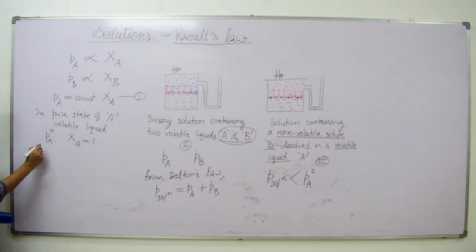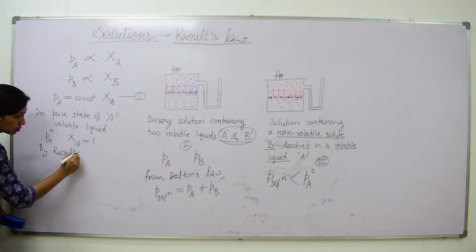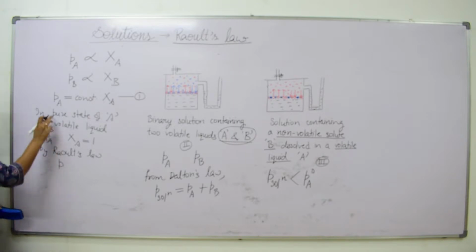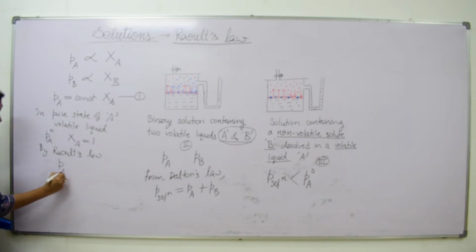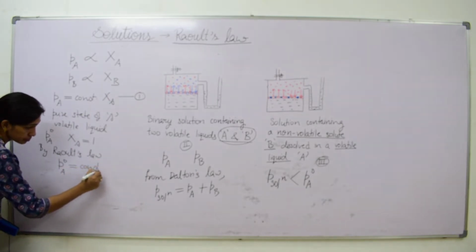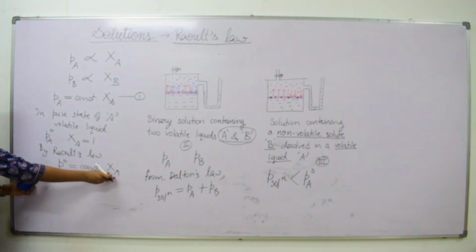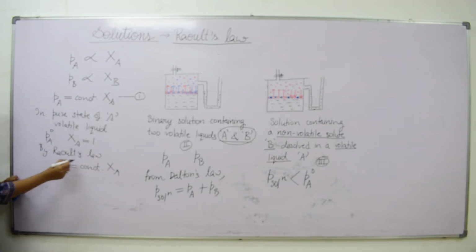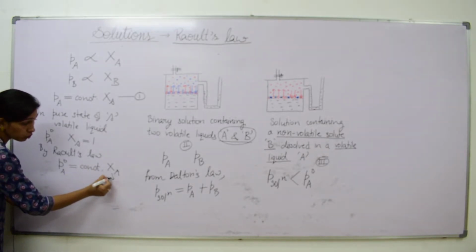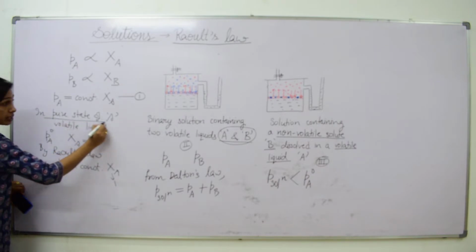If we apply Raoult's law, the vapor pressure in the pure state of A will be directly proportional to its mole fraction. We know the mole fraction will be equal to 1, because only A is present in the container, since we have taken the pure state.